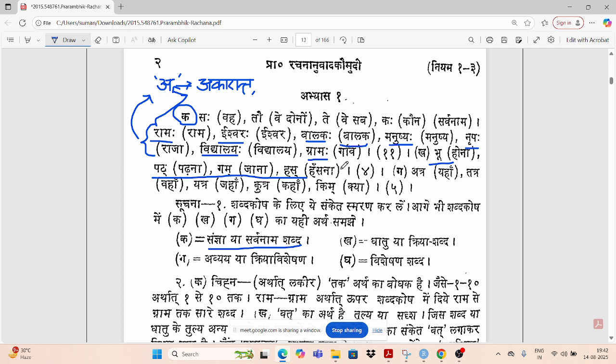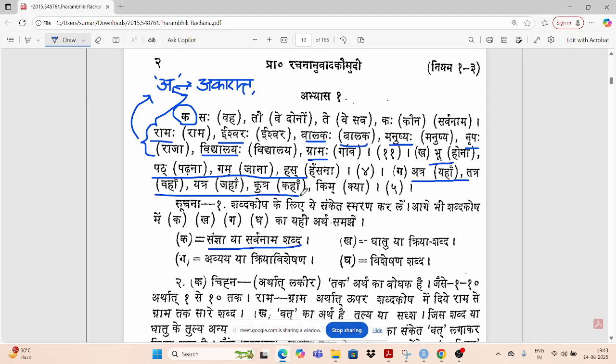But for the time being, these are some of the common dhatus that are there. So bhu, hona, pat, padhana, gam, jana, to go, has, hasna, to laugh, and then a set of words which Kapil Dev Dwivedi, the writer of this text, has denoted as the avyayas.